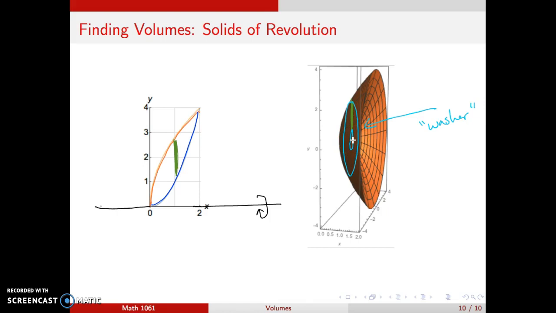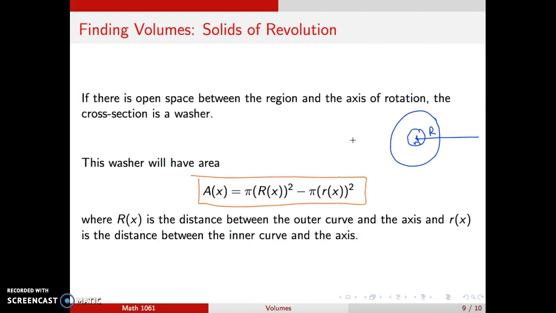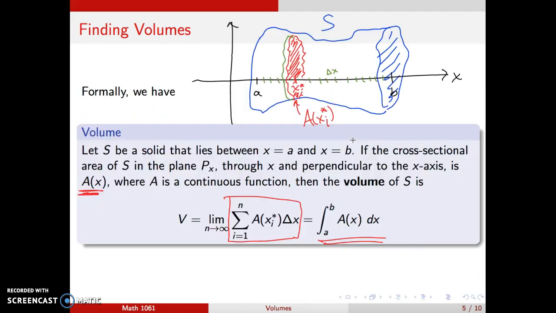Alright, so in general, these are tricky problems finding these volumes because you need to find the cross-sectional area. And that's a tough thing to find in general. It's tough to find a description of that.